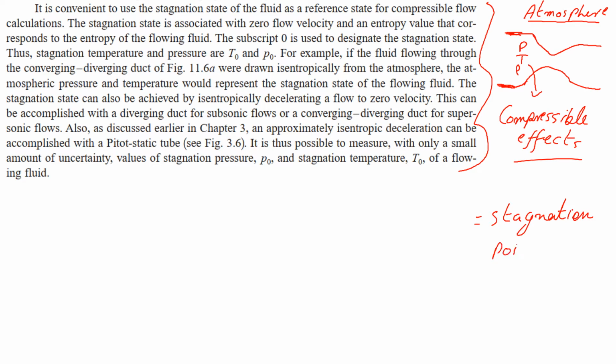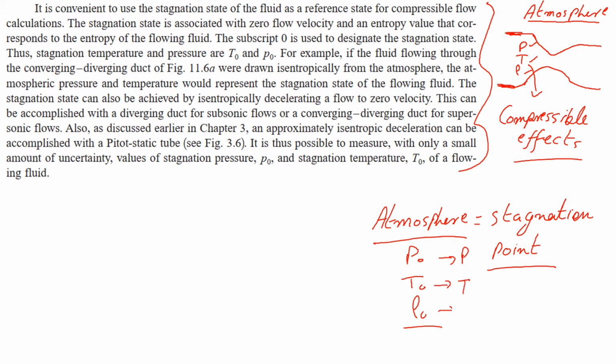So for compressible flows and for the measurement of pressure, temperature and density inside the nozzle, the reference point will be the atmosphere, and we will take the atmospheric pressure P0, the atmospheric temperature T0, and the density of the air at certain atmospheric conditions, and find the pressure inside the nozzle, temperature inside the nozzle and density of fluid inside the nozzle.